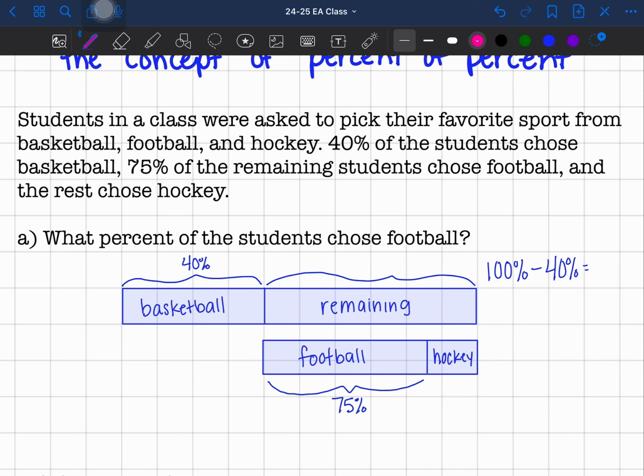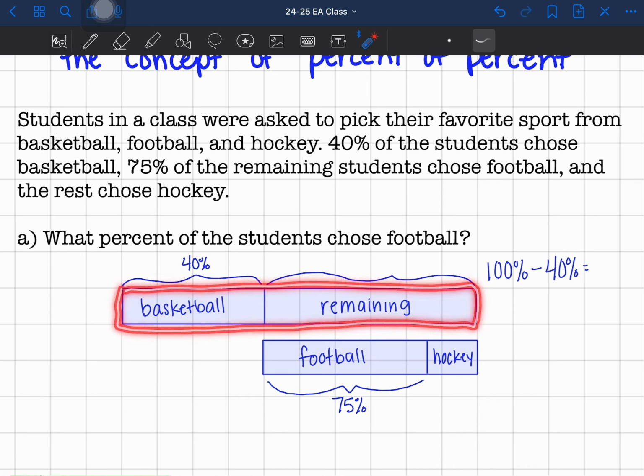What percent of the students chose football? So here we have drawn our model. We know that this was the total amount of students. We don't know that number, but we know 40% chose basketball and the rest are remaining.